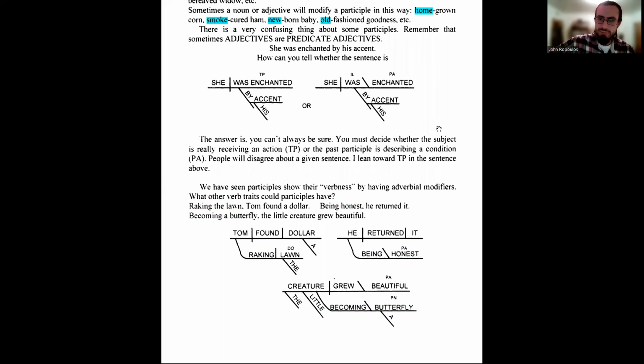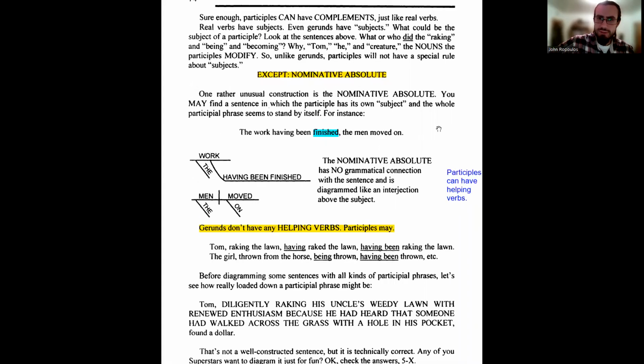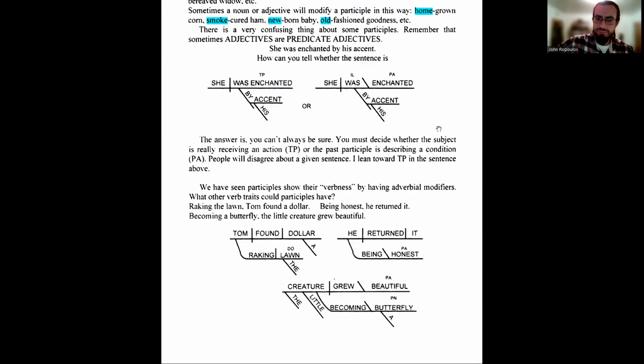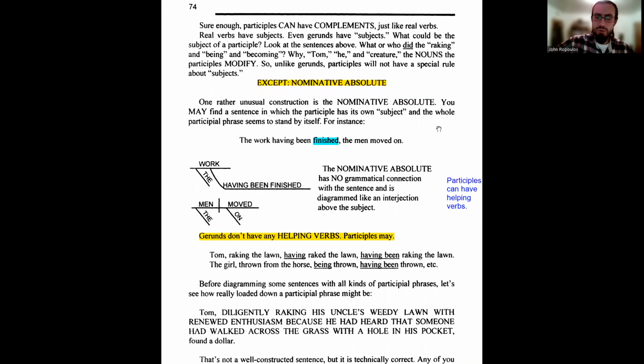Now, if we go on, okay. Here's one more construction that you've used many times when writing, I promise you. And this is the nominative absolute. The nominative absolute, right? It sounds quite strange, all right? But real verbs have subjects.